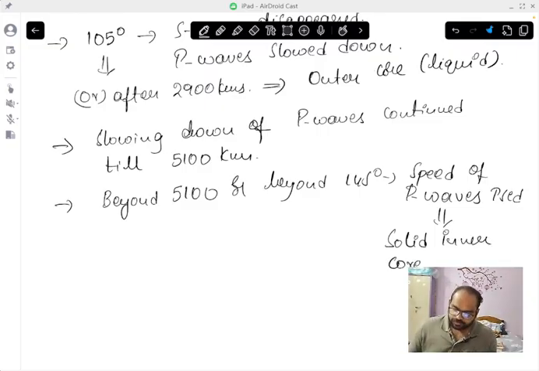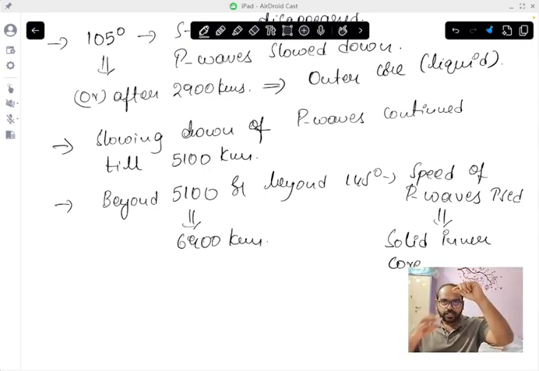Okay, and this extends from 5100 to 6900 kilometers from the focus. The inner core is at 6900 kilometers.